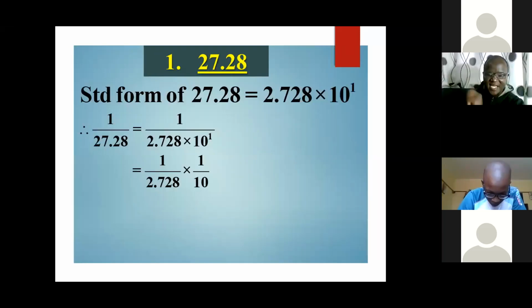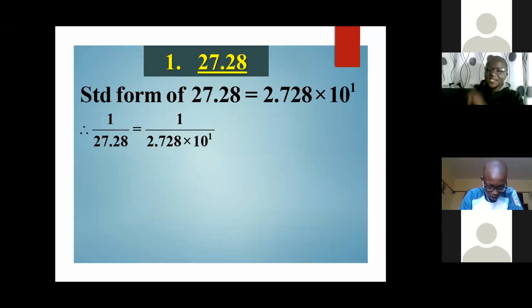If you are easily stuck with the reciprocals, I would advise that you always split 1 over 2.728 times 10 raised to power 1 as 1 over 2.728 multiplied by 1 over 10. That could really help for someone who is stuck.